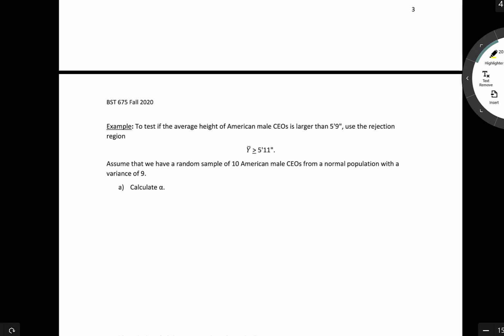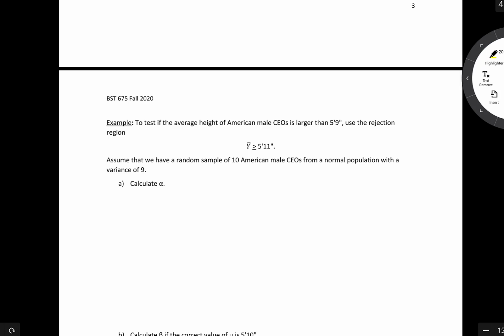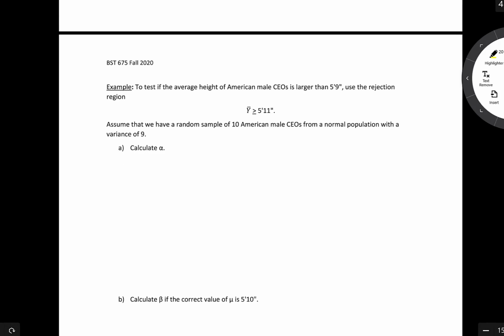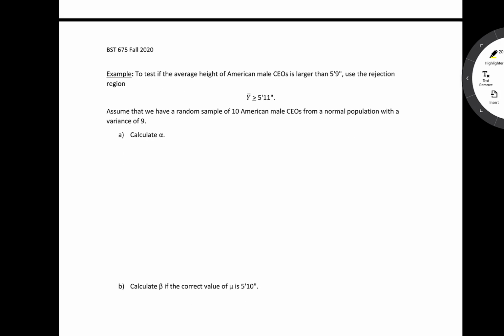So what we're going to do next is let's look at that example again and actually see how we could calculate alpha and how we could calculate beta for a given scenario and see what these errors actually look like. So again, we're going to test if the average height of an American male CEO is larger than 5 foot 9 inches. And here we're going to use that rejection region of y bar greater than 5 foot 11 inches.